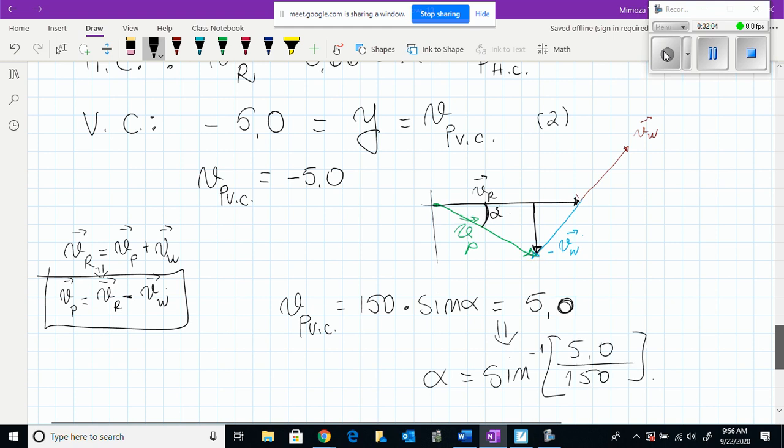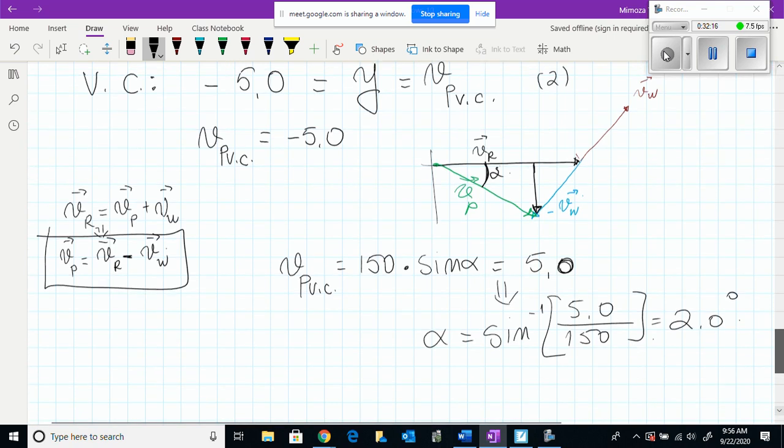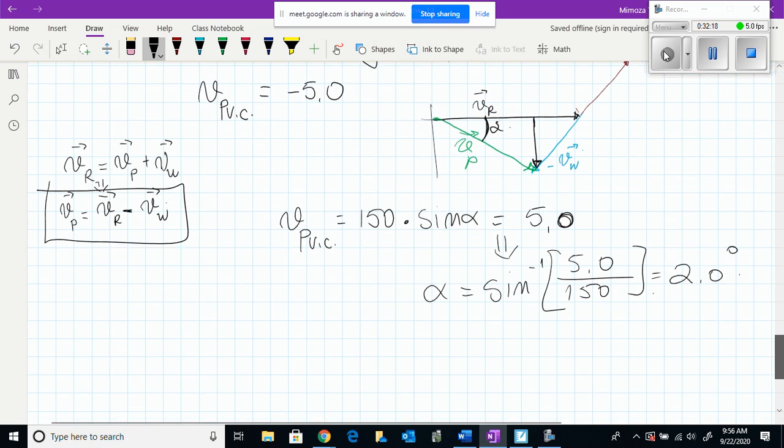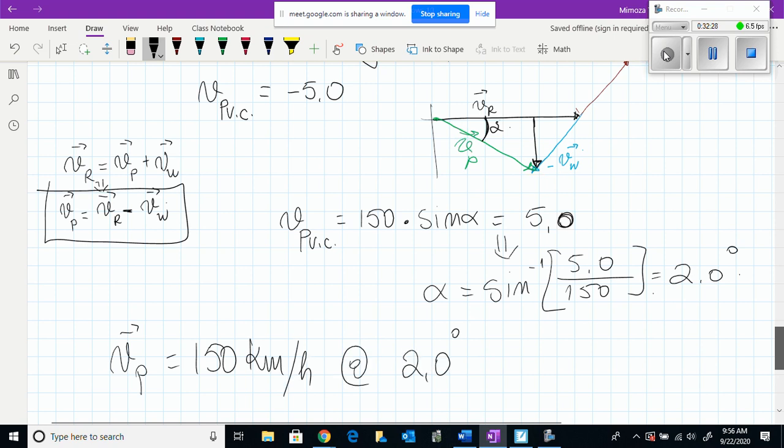In your calculator, inverse sine of 5 over 150 will be 1.9, or 2 degrees. So now you can say that the velocity of the plane will be 150 kilometers per hour at 2 degrees south of east. Is this clear?